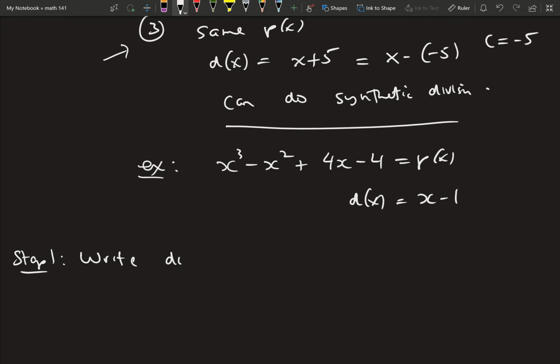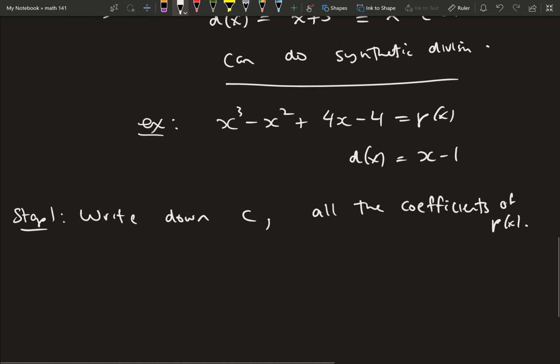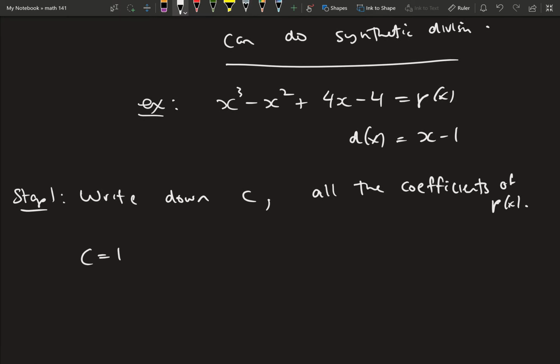write down what c is, as well as all the coefficients of p of x. So in our case, c is 1. And the coefficients: a sub 3 is 1, a sub 2, the coefficient of x squared, is minus 1, a sub 1, the coefficient of x, is 4, and a sub 0, which is the constant, is minus 4.